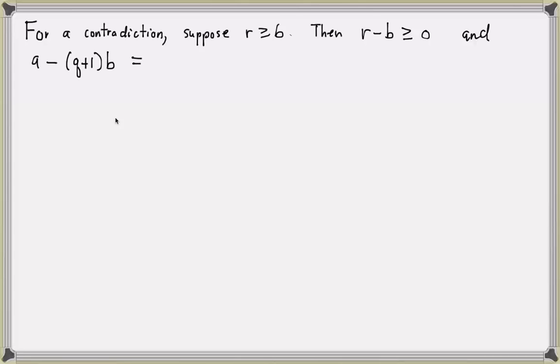So I get A minus QB, which is R, minus B. So this does equal R minus B. So I've written R minus B as A minus an integer times B. So that proves that R minus B is in S.